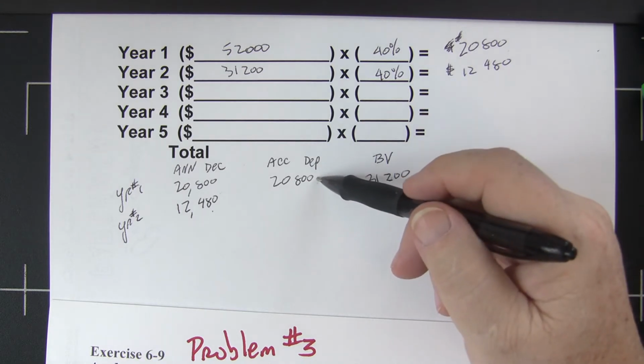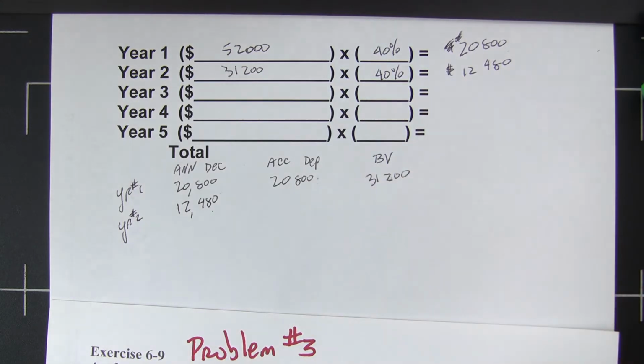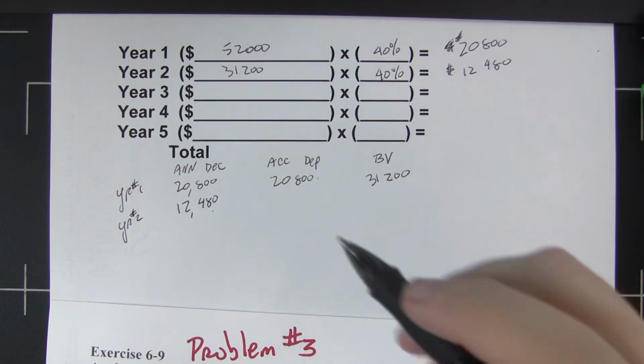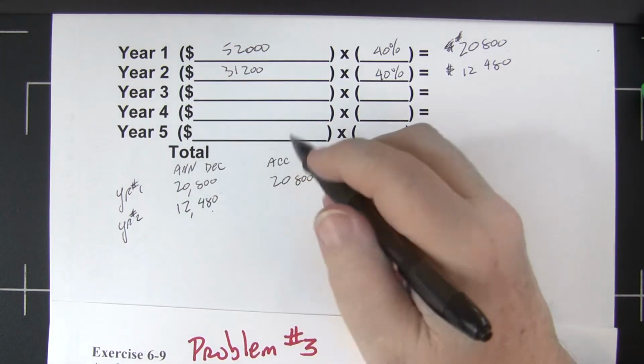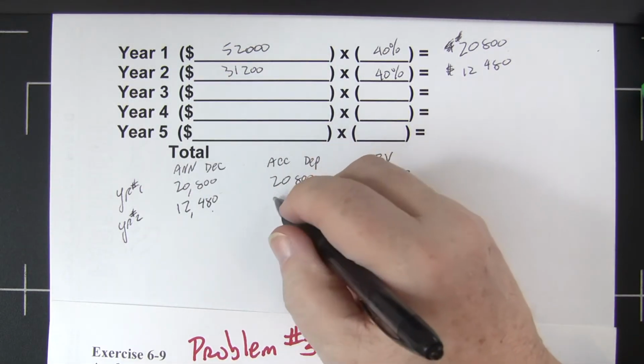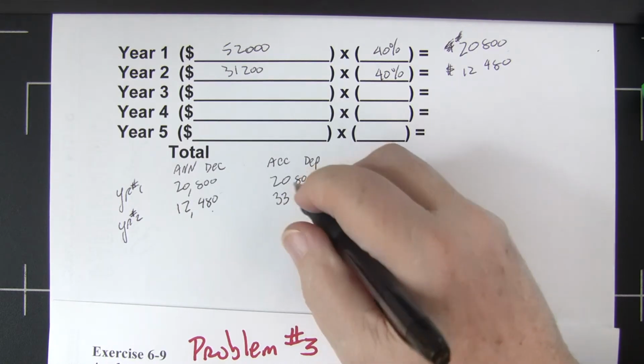So I had 20,800 from last year plus my 12,480 from this year. So my accumulated depreciation at this point is 33,280.